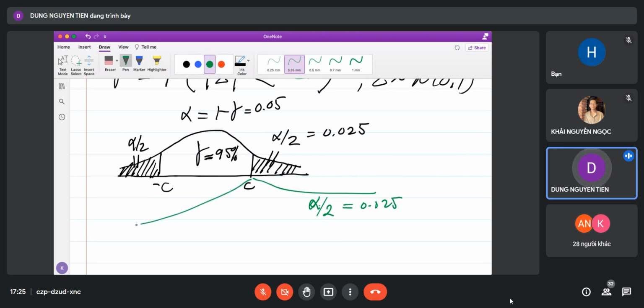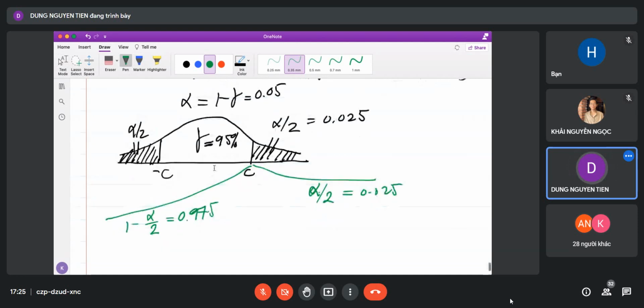And the area to the left is 1 minus alpha over 2, which is 0.975 in this example. And what is c, by the way? c is the point such that the area to the right is 0.025, and we are dealing with the standard normal distribution. So this is simply z alpha over 2. Is that all clear, everybody? So you get that point.